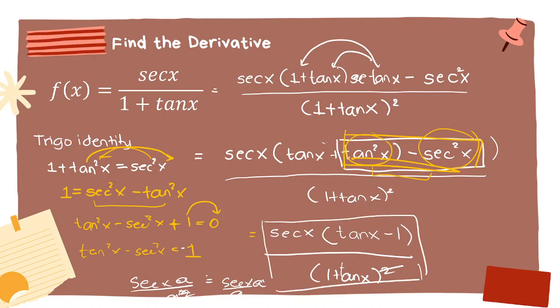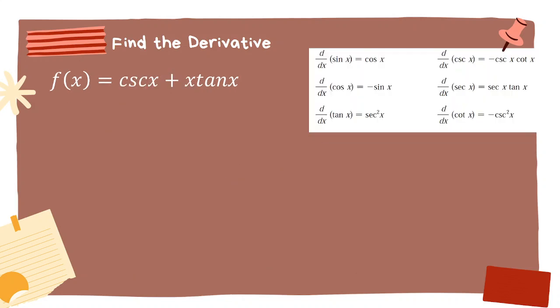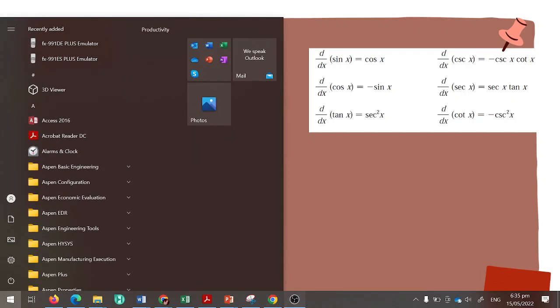Okay? So, this one, in order for us to solve this one, paano kaya natin solve yan? Solve natin. Ano ng product rule kaya dyan, Mr. Yaya? Turo mo nga sa akin, alin dyan ang magkaka-product rule?